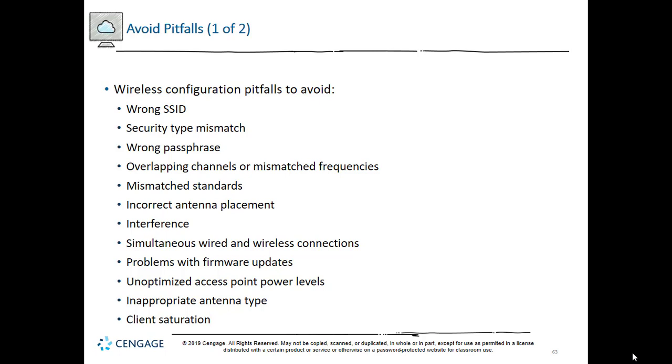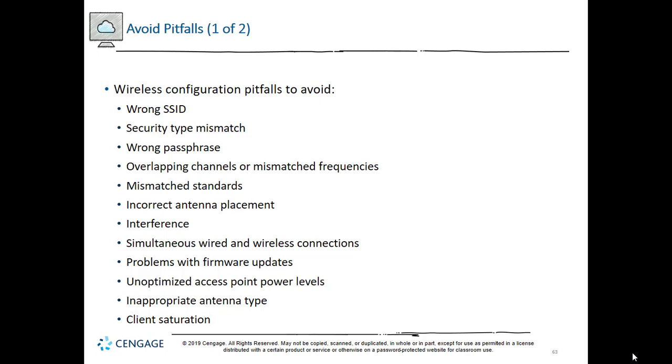Okay. So be on the lookout for wrong SSID, security type mismatches, passphrases being typed incorrectly, interferences. Look for antenna problems. I've seen people do that already. A lot of reflection and diffraction issues within a room that has a lot of glass, plants, shiny surfaces.